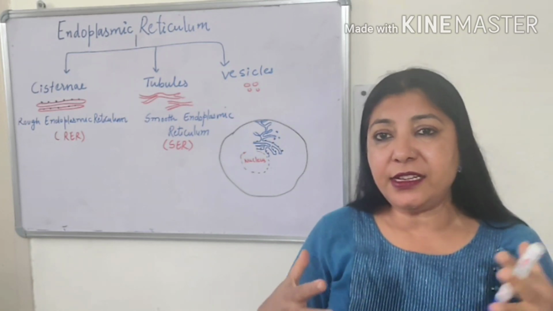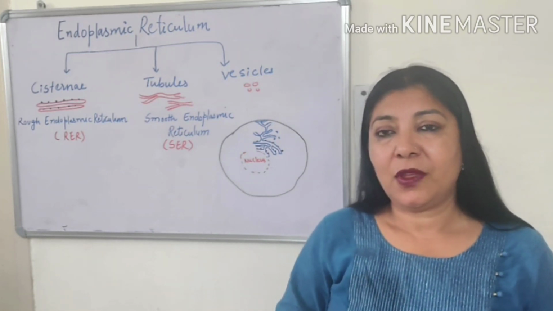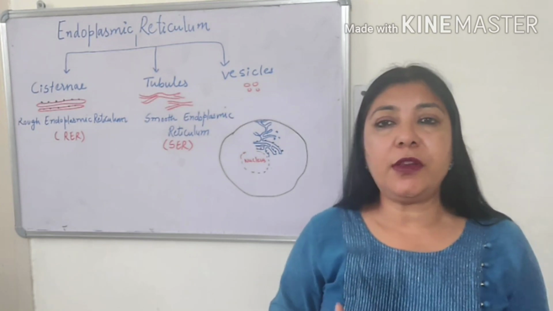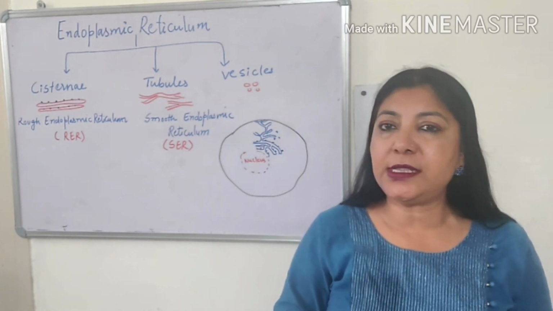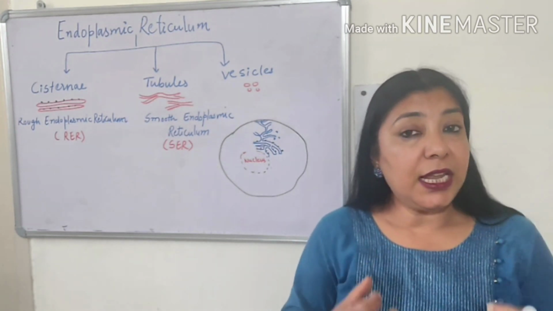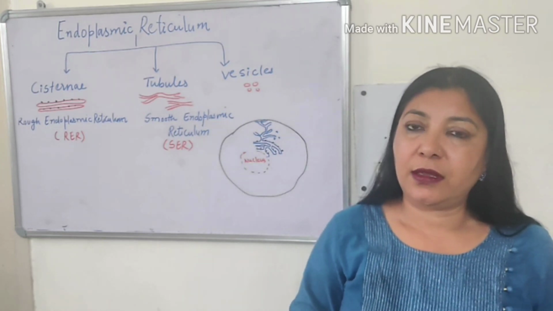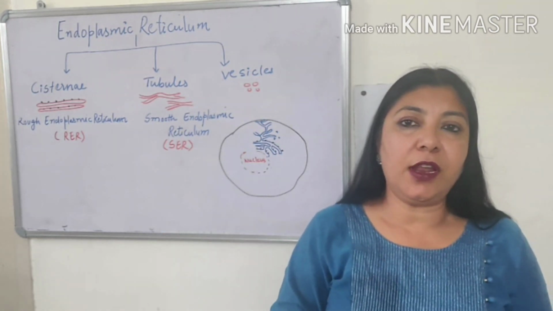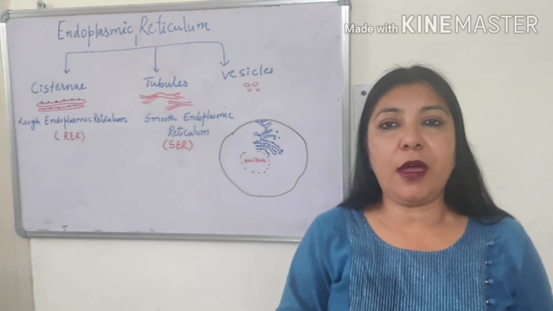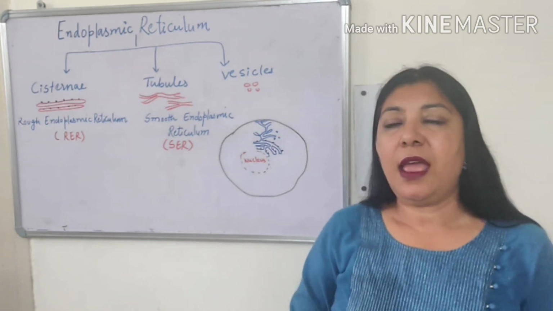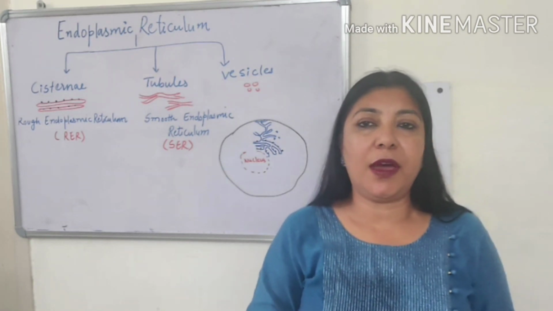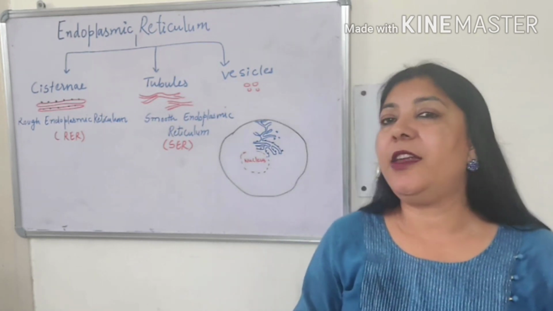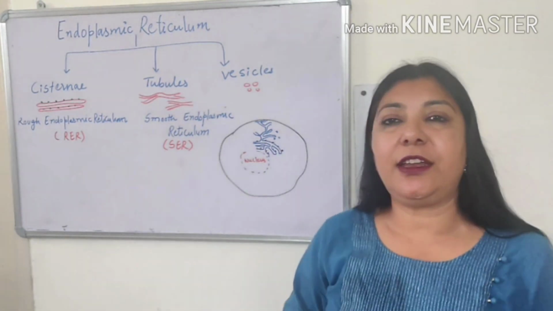So they are acting as a skeletal system of the cell. Also, they are responsible for secreting so many substances. But the nature of secretion differs. The rough endoplasmic reticulum are mainly responsible for protein synthesis, and smooth endoplasmic reticulum are mainly responsible for lipid synthesis. So this is the difference.